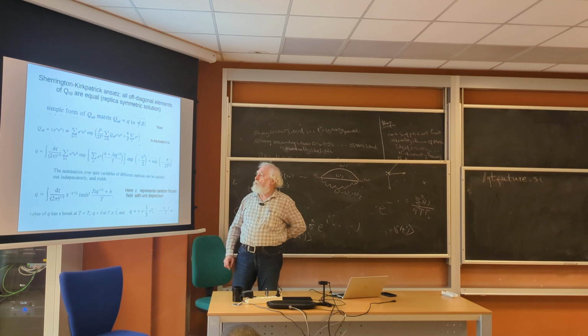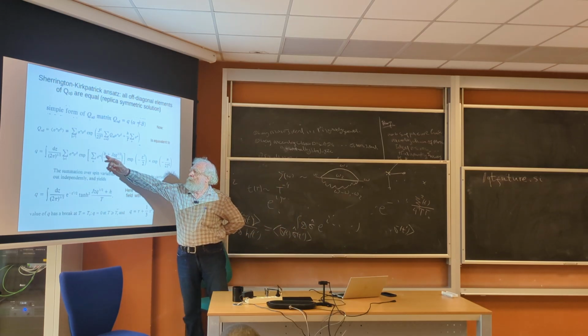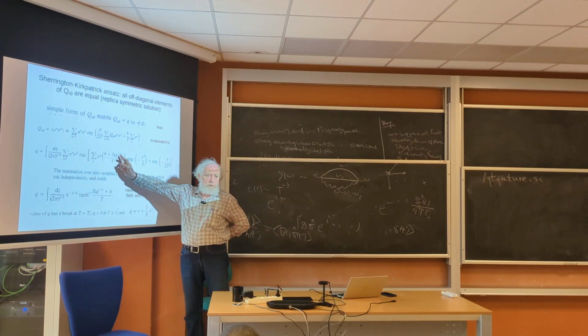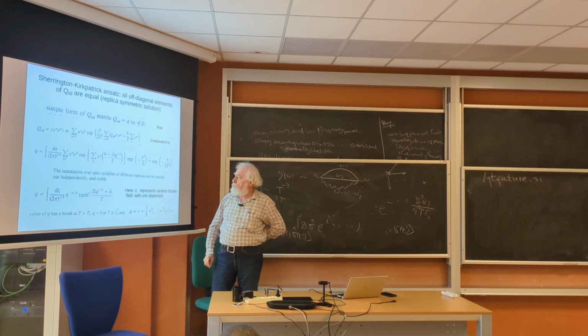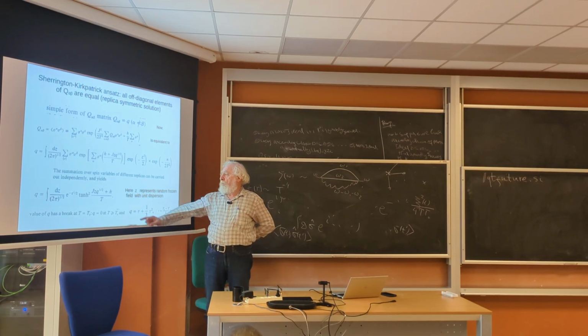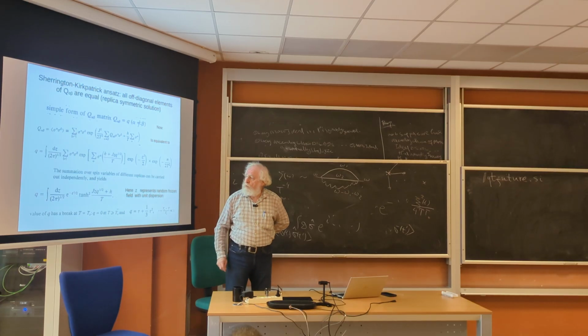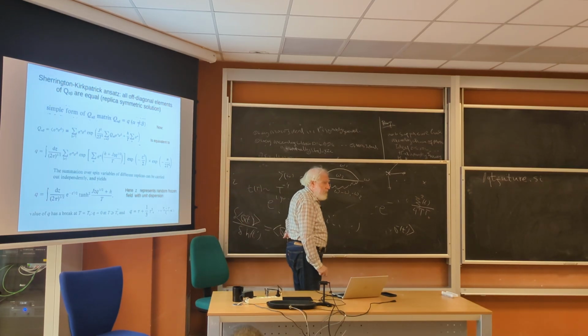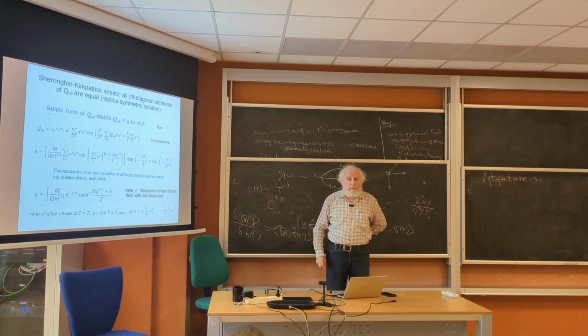Each summation gives you hyperbolic tangents with effective field, which is this combination: external field plus random field with a given variance. So this is finally our self-consistent solution for the quantity Q.